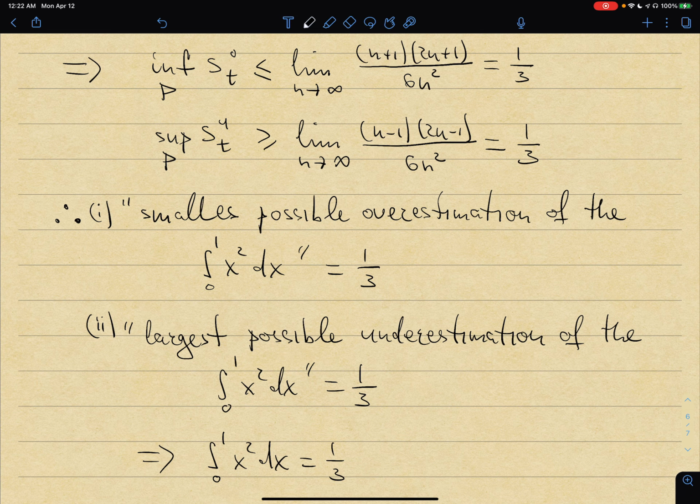I'm always going to consider overestimations and underestimations, compute the largest underestimation and smallest overestimation, and as long as they're the same, that would mean that my function is integrable and the area under the graph makes sense.